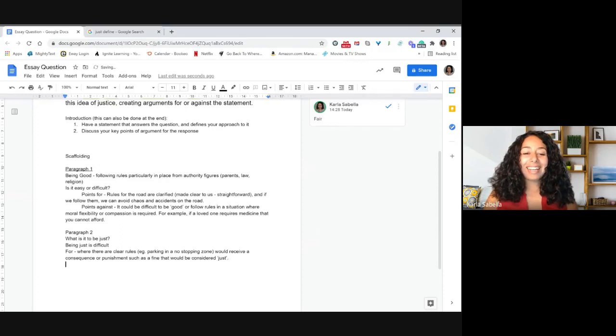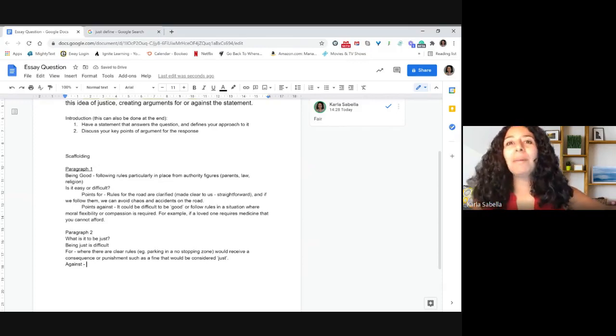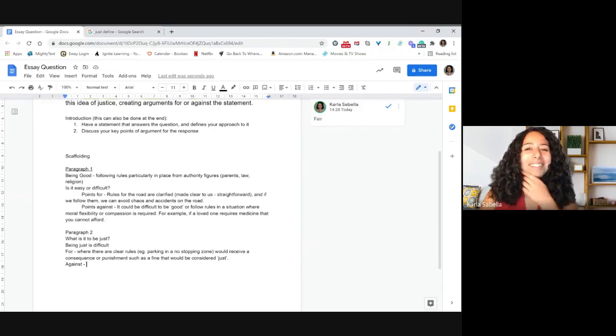However, if we go on that same argument, what if you parked in that no stopping zone because you had a wife who was in labor and you needed to take her to the emergency room? Even in those seemingly clear-cut situations, are there points where we need to have some flexibility?